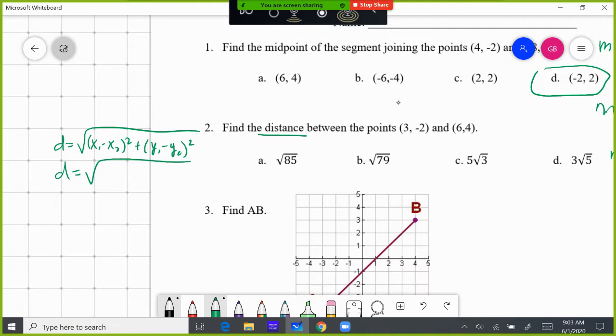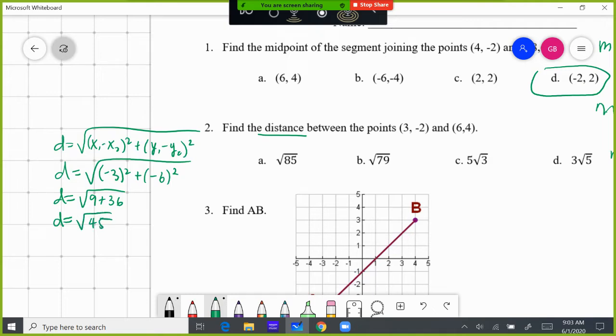So 3 minus 6 is -3, and -2 minus 4 is -6. Square those numbers, you get the square root of 9 plus 36, which is the square root of 45.